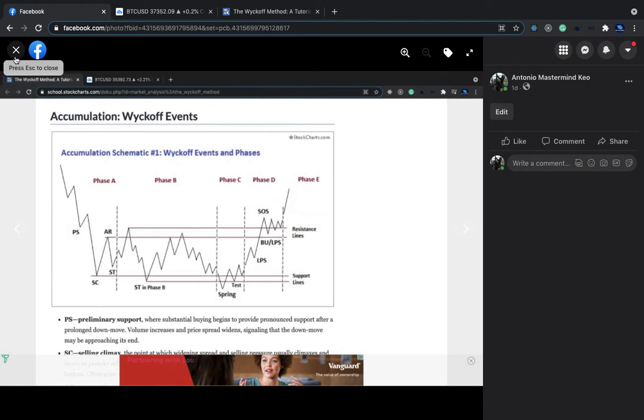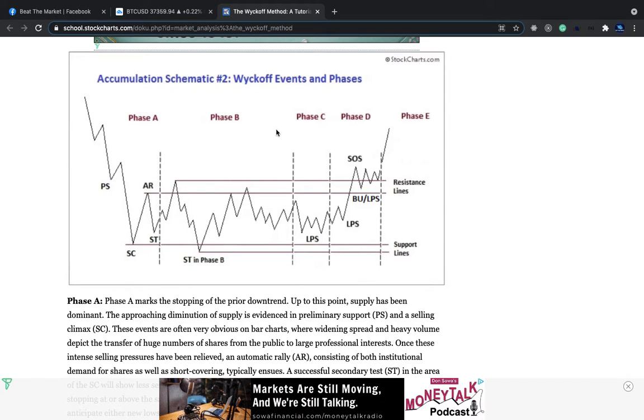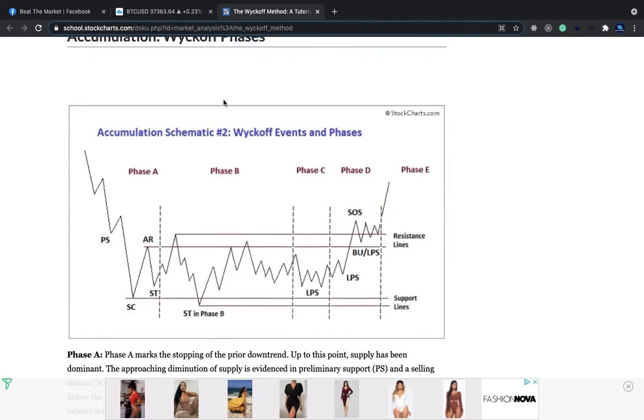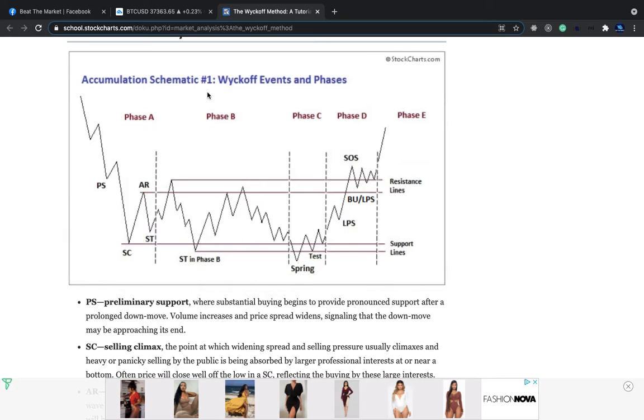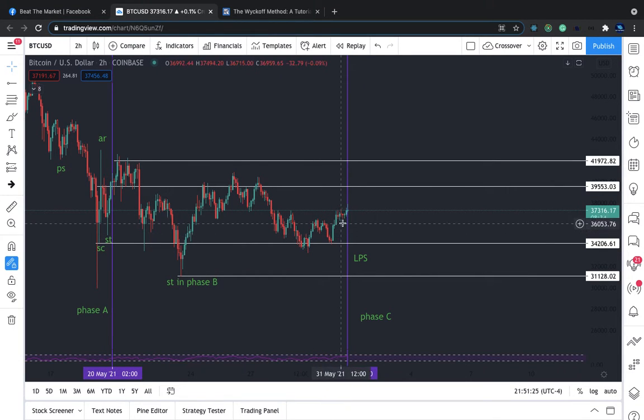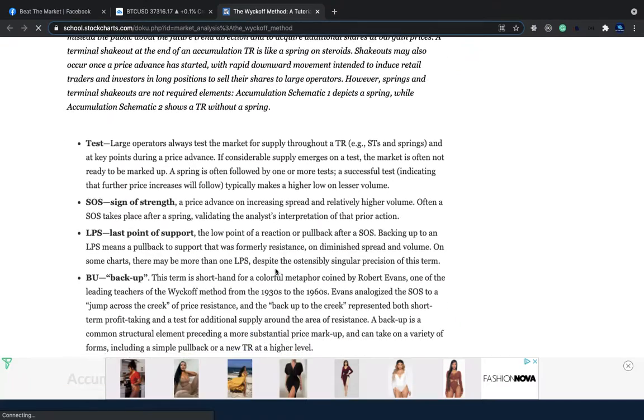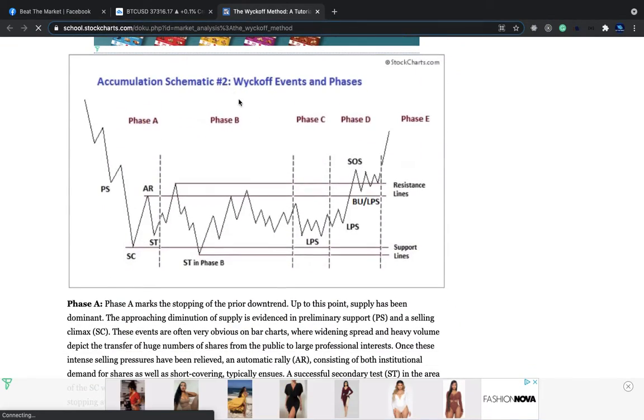So as I did a little more digging into the Wyckoff method, it looks like Bitcoin could be moving more like schematic number 2, because what we were looking at was schematic number 1, and schematic number 1 entering phase C should be a drop in Bitcoin. However, Bitcoin is, as you can see, moving up. So this movement actually matches more with schematic number 2.